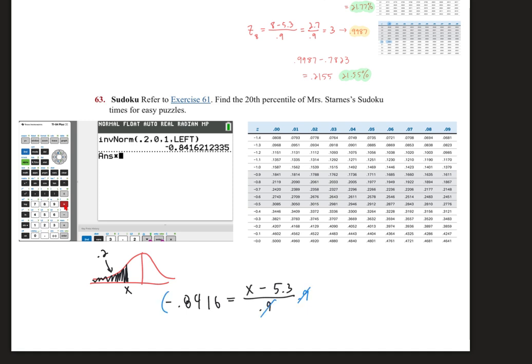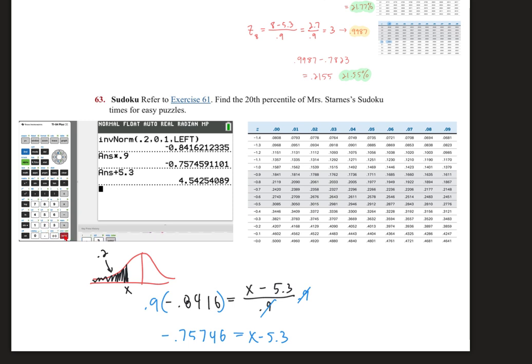Cancel those out, and times this by 0.9. That's what we do in the calculator there. Now we have negative 0.75746 equals x minus 5.3, and then we just add 5.3 to both sides. So that's the x value.